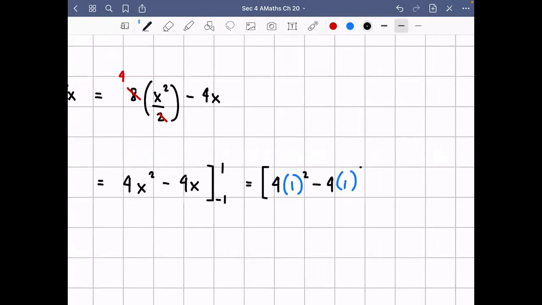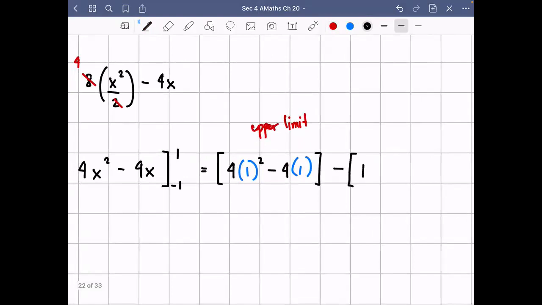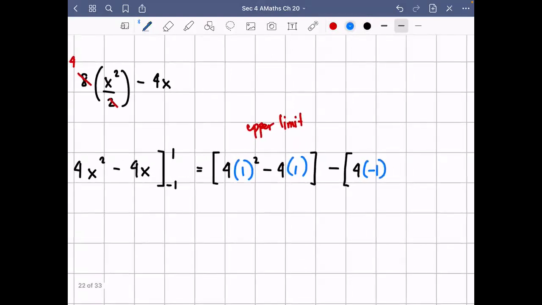Class, that's the upper limit only. You need to do an expression minus an expression. And then minus, it's for the lower limit now, so 4 times -1 squared minus 4 times -1.